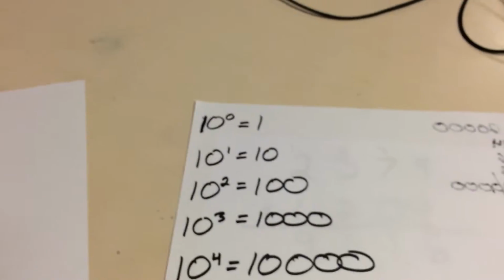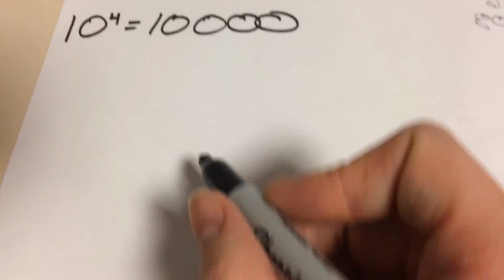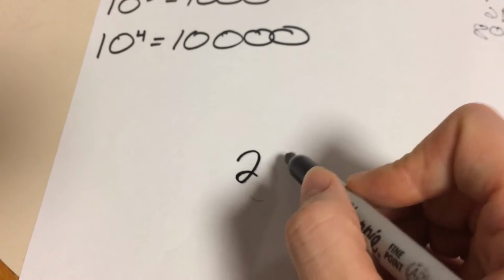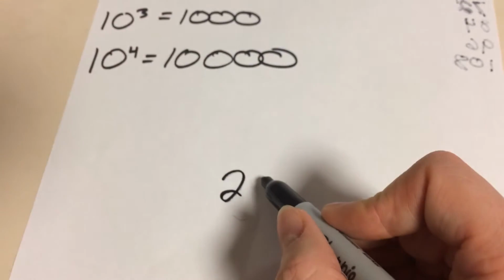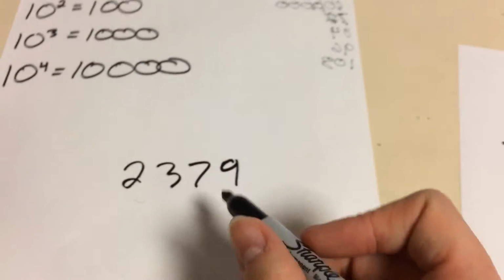And we're going to look over at this other sheet here to think about that for a minute. See, when we have, let's say, a number that is 2,379. Oh, hey, funny, same number.